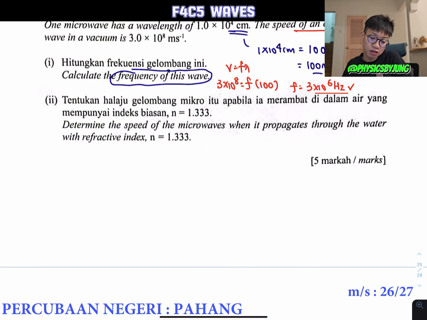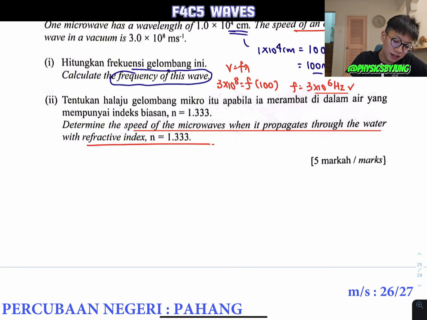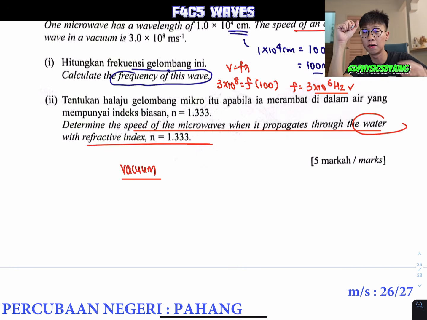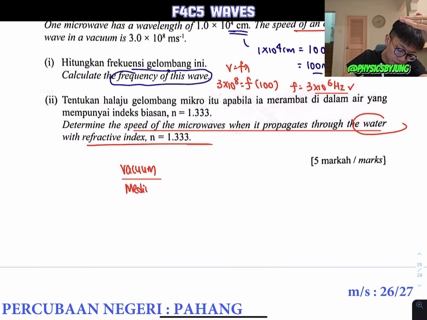Now, determine the speed of the microwave if the refractive index is 1.333 through water. You must remember when we calculate refractive index, there's always speed of something divided by speed of something: vacuum over medium. In this case, vacuum over water, and this is 1.333.